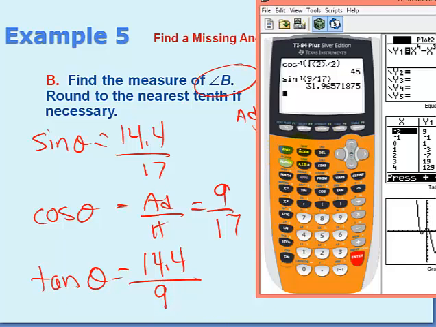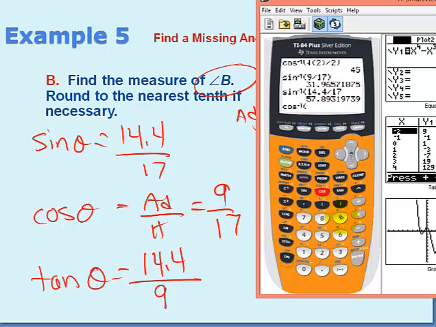So let's see what we get. First I'm going to do sine, so you do not need to do all these, I just want to show you, of 14.4 divided by 17. 57.9. Now I'm going to do cosine.